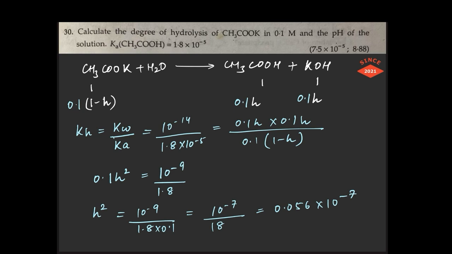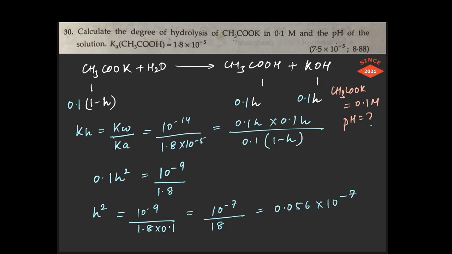Here you have to find the degree of hydrolysis, and what is given is the molarity of potassium acetate solution, that is 0.1 M, and you have to find out the pH of the solution, and the acid dissociation constant for acetic acid is given.